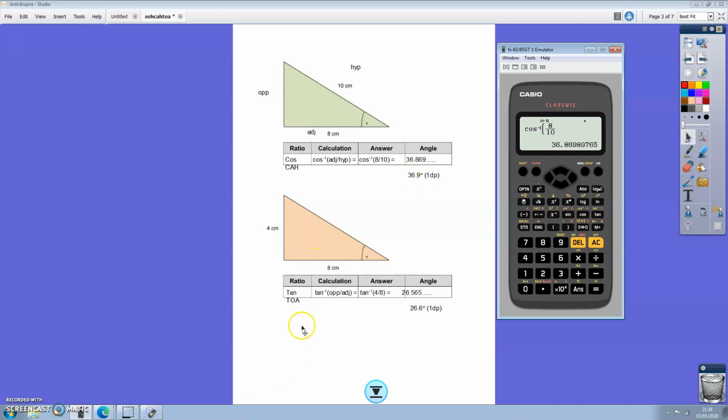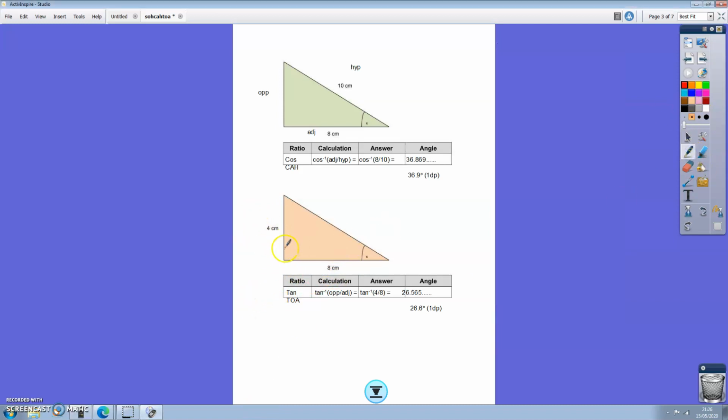The second one here, I'm using tan because I've got adjacent and opposite. And again, if you were struggling to do this bit, remember that's my hypotenuse, the second one is my opposite, and this is my adjacent. So I've got the adjacent, I've got the opposite, I don't know the hypotenuse.